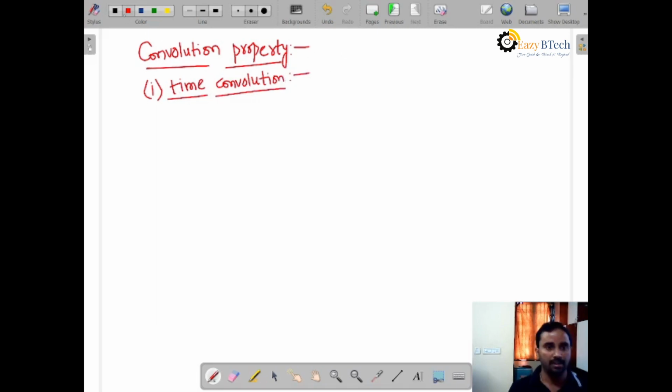See the statement or definition: x1 of t is one signal, its Fourier transform is x1 of omega. x2 of t is another, second signal, its Fourier transform is x2 of omega.